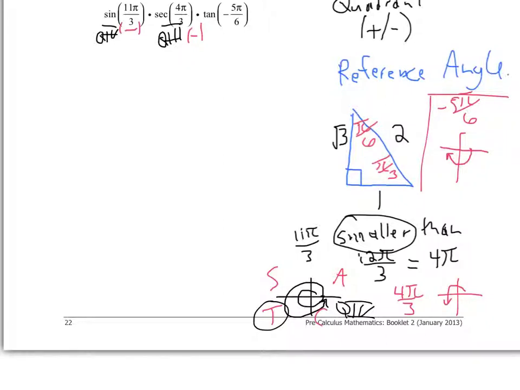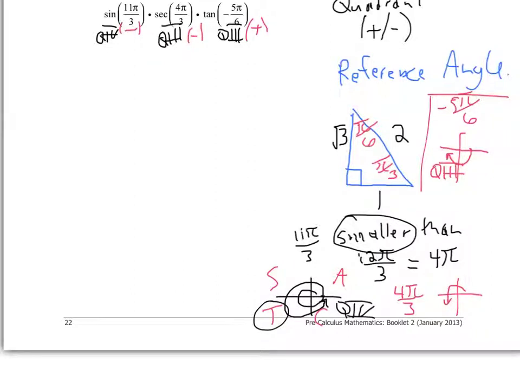This is also quadrant 3 as well, and tan in quadrant 3 is actually positive. So we want to be mindful of that. Now we know what's negative and positive.